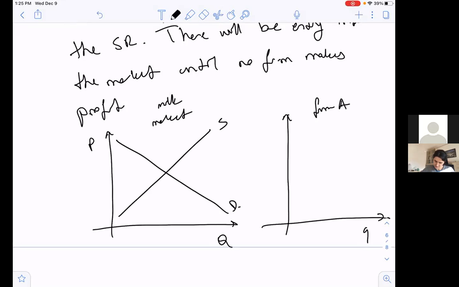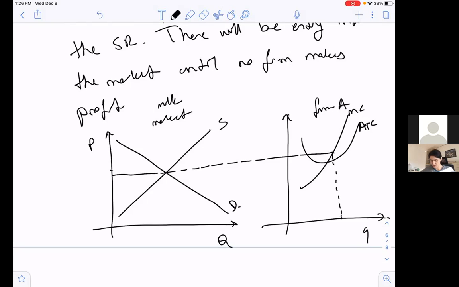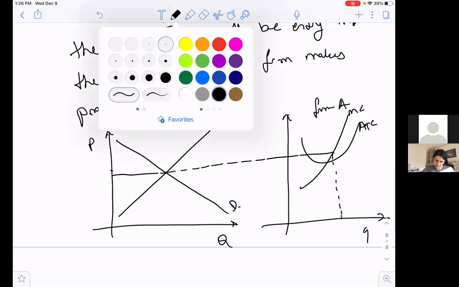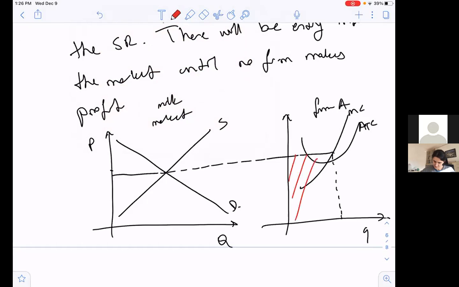Then suppose we have ATC, MC. This is how much it's gonna produce, and this part is total revenue.